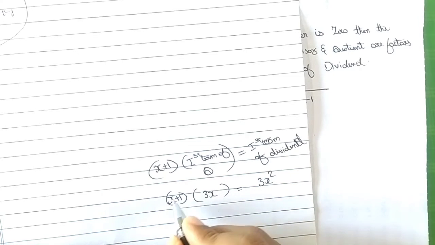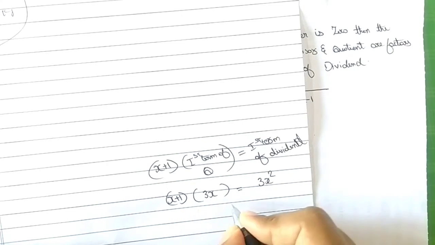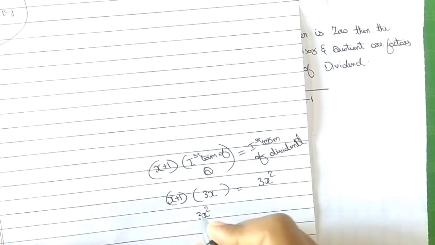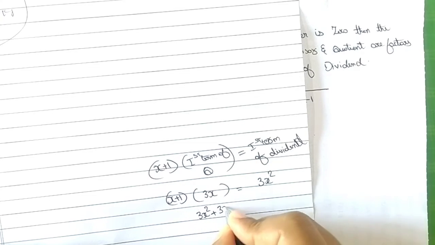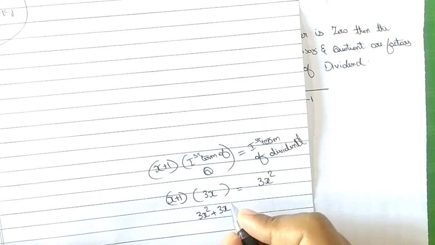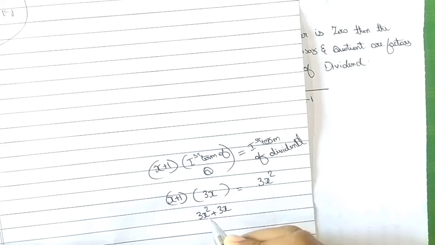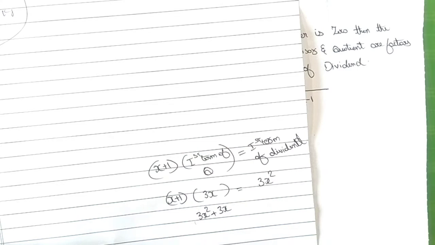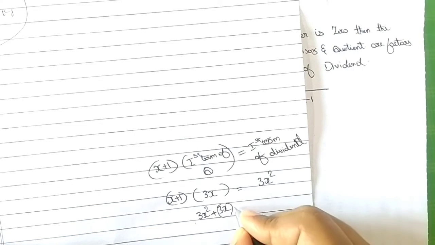Why? Because 3x on multiplying with x gives you 3x square. Now 3x on multiplying with 1 gives you plus 3x. You should not care about this 3x term, you should care about this 3x square term, because we need this term here. You should not bother about the second term.